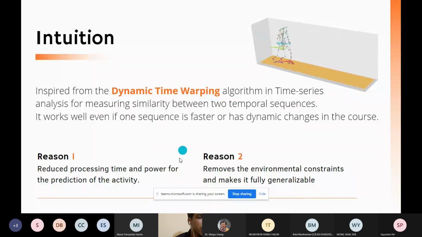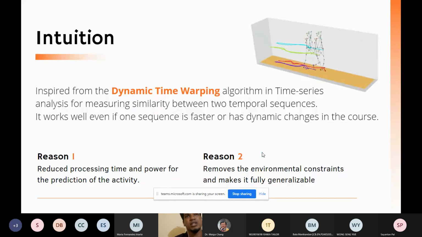And we have two reasons. The first reason is that since we are focusing only on the movement trace, it reduces the processing time for the prediction of the falling. And also, since it eliminates the environmental context, it can generalize to any environment.